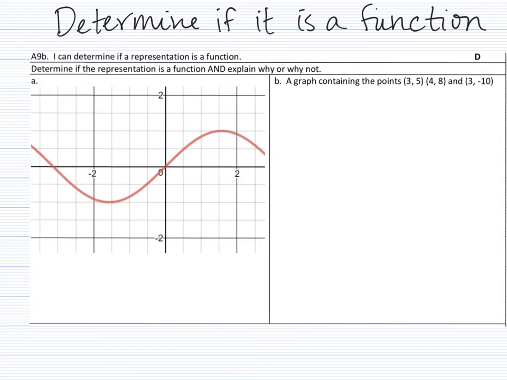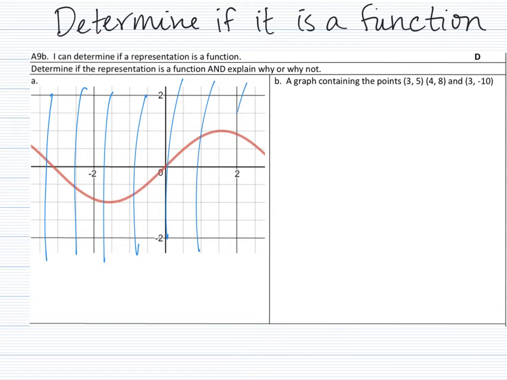The other thing you need to know about functions is whether or not something is a function. And the way you can determine that is, is there only one y value for any given x value? So with a graph, that's the vertical line test. If I draw a line anywhere on the graph, does it only cross through my graph one time?